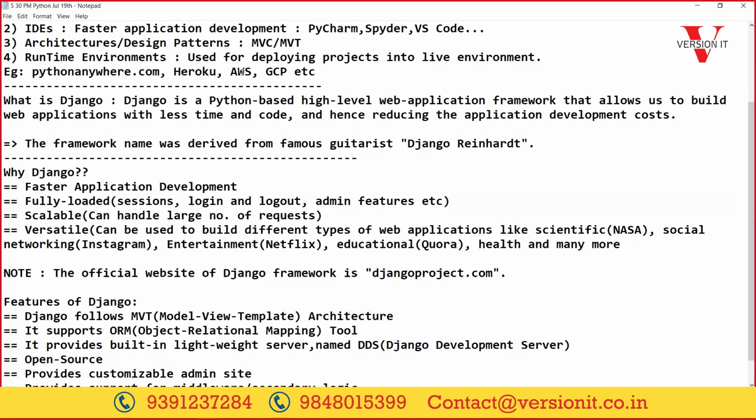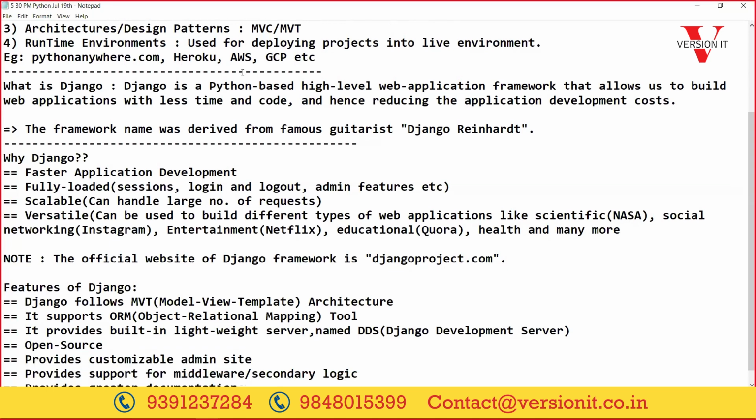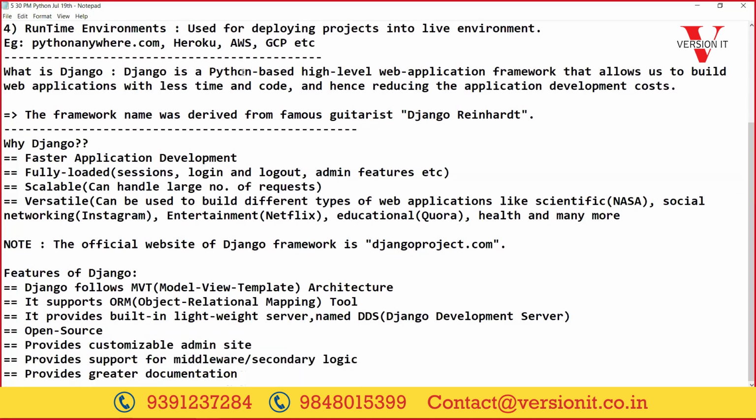As we said, Django provides a customizable admin site. You can create and maintain administration related tasks. It has middleware services, and it provides great documentation. When you go to the website djangoproject.com, how to build a project using Django, how to create models, how to create views, how many types of views there are, how to create templates, how to work with the admin panel, sessions, and cookies, everything they explain step by step.